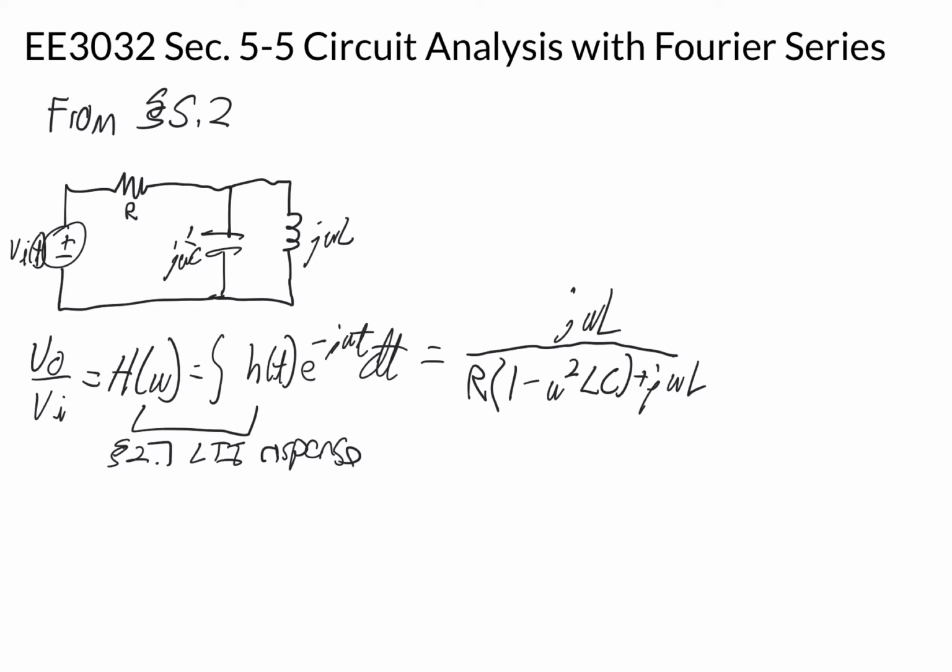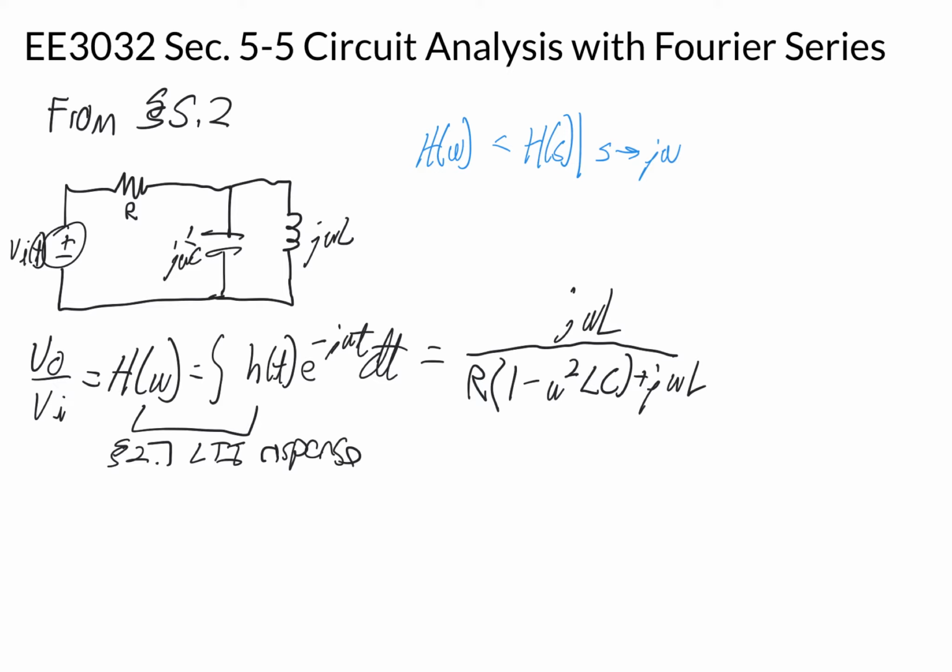If you have the Laplace transform, then you take the Laplace transform and you replace s with j omega, and that will get you the transfer function H of omega.